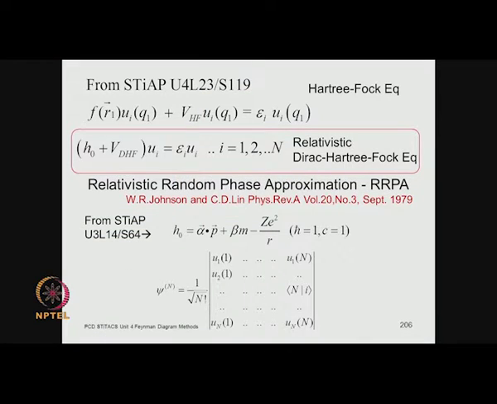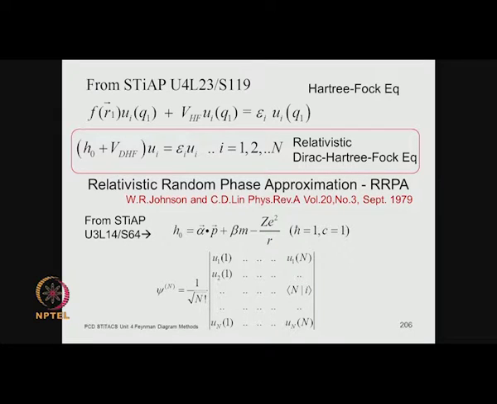So, it has the same form, it looks the same, but it is not the same. The Slater determinant that we now have on the screen has for its elements the relativistic single particle functions, which are bispinors.